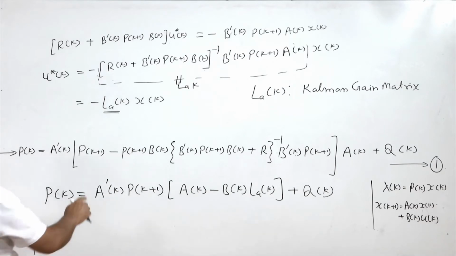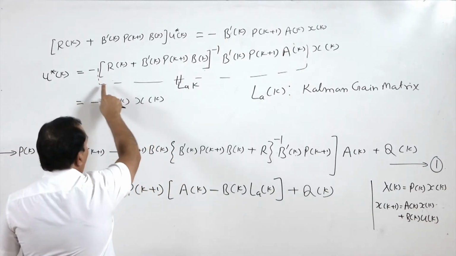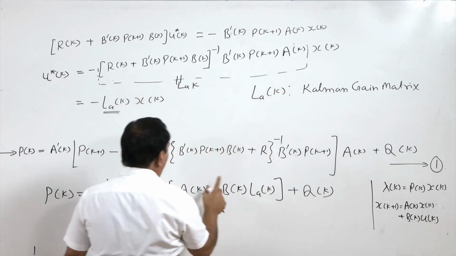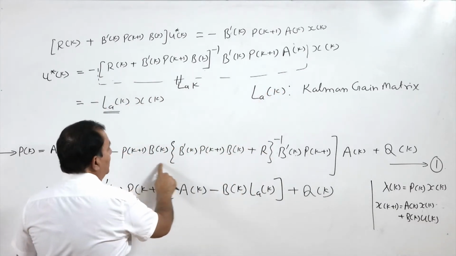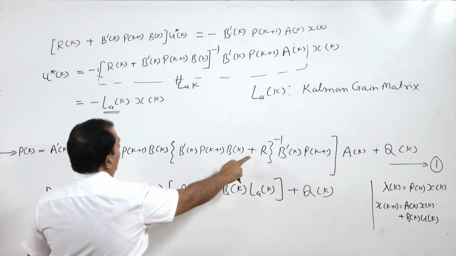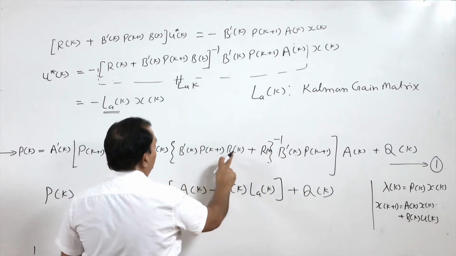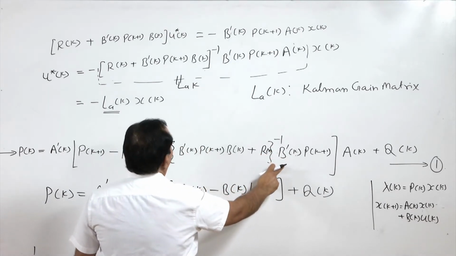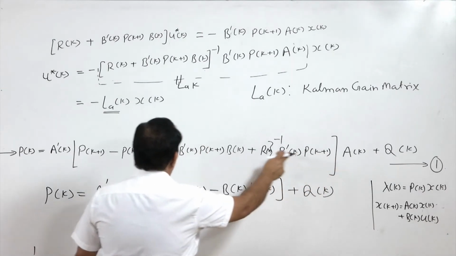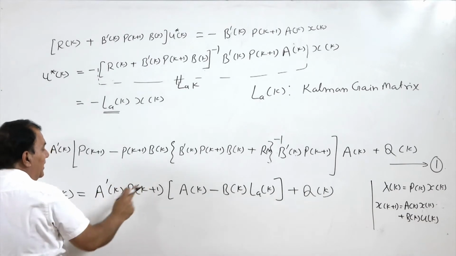So, if we expand this term and write the term which comes out of the expansion of this bracket, we can say this is the R k plus B prime P k plus 1 B k, B prime P k plus 1 A k. So, this is nothing but giving you the L a k.